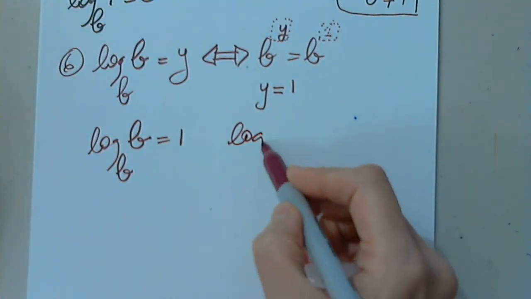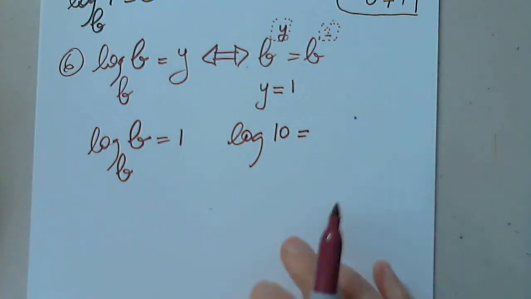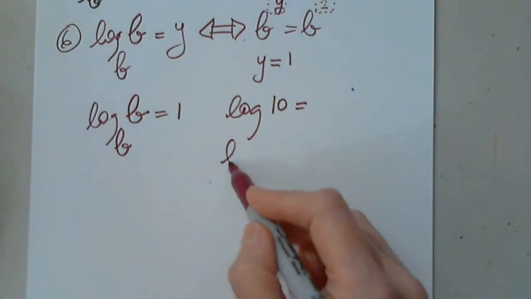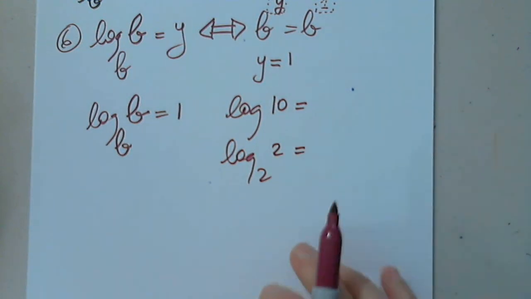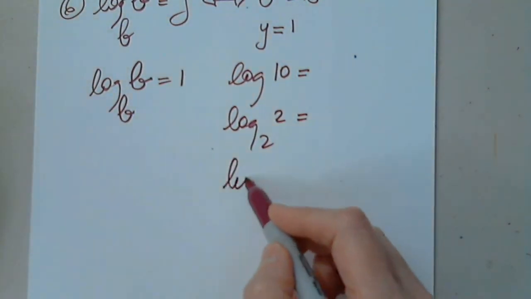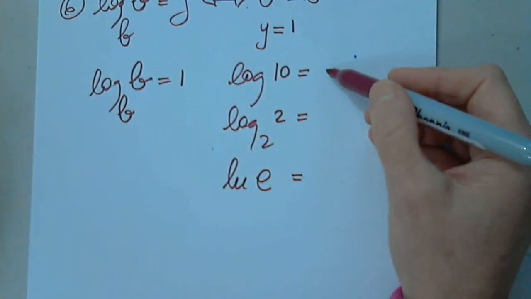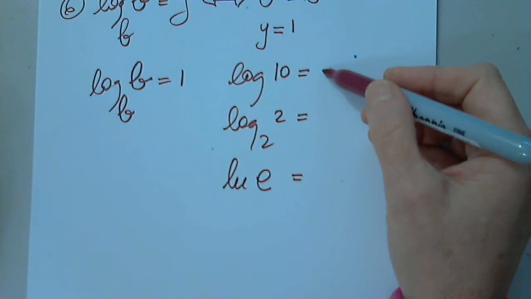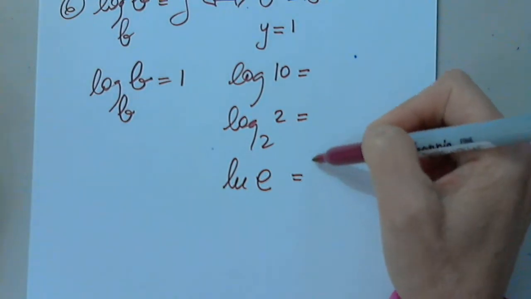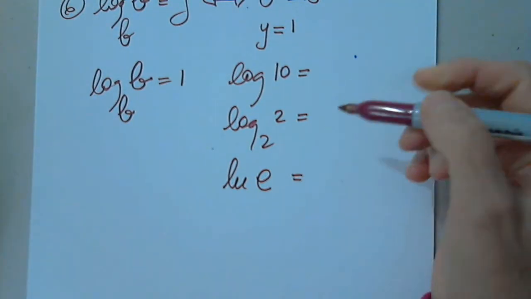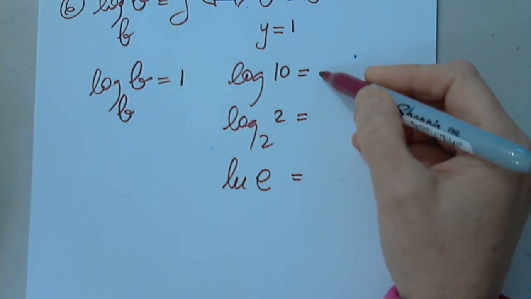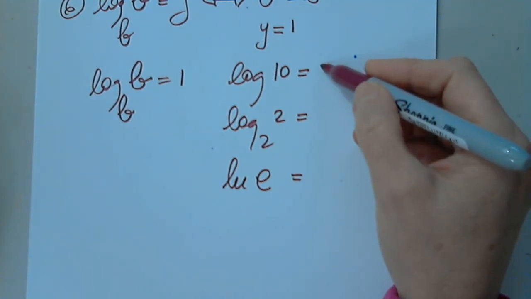Examples: common log of 10. How much will that be? Log base 2 of 2. How much will that be? Natural log of e. How much will that be? Log 10 is 10.